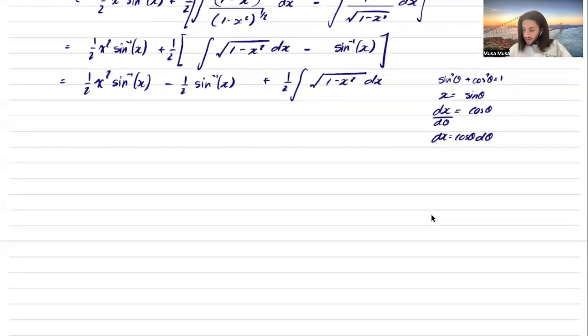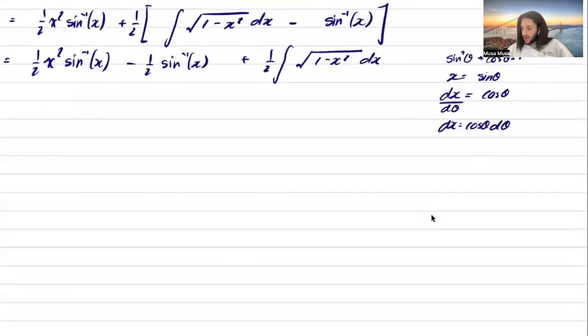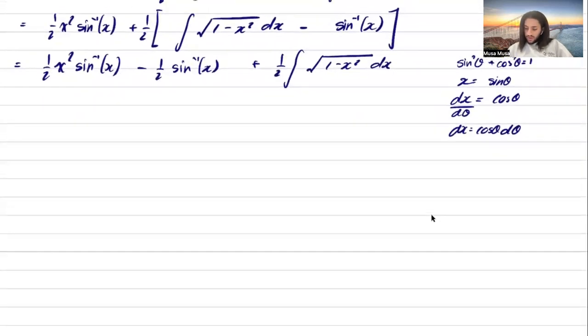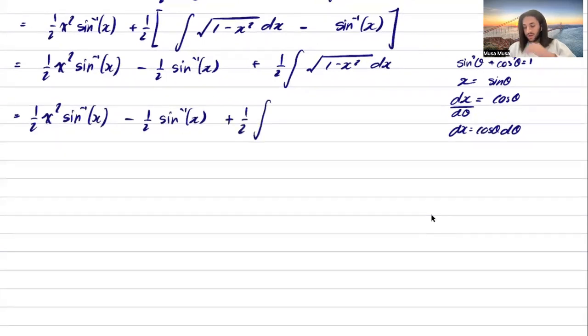Okay. Wow, I'm writing so small. It's not good. I can now start rearranging everything. So this is all already done, I'm just going to copy this so I don't have to bother rewriting it every time. And plus a half of this integral, when I sub in that substitution, it's going to be the square root of 1 minus sine squared theta times cos theta d theta.